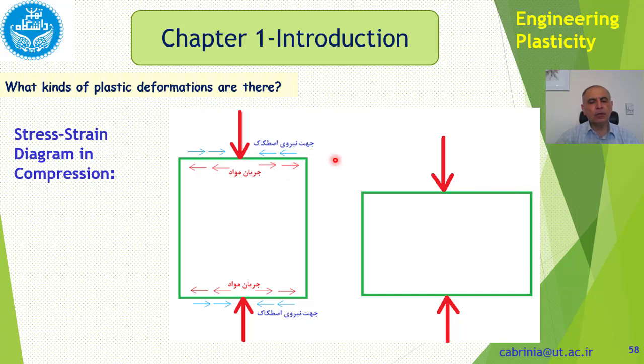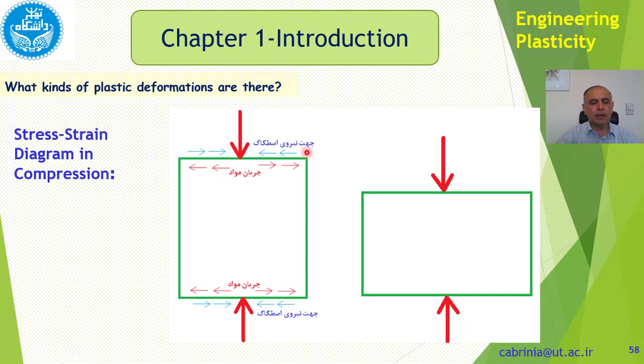So as the material wants to flow out against the surface of the press, there will be a frictional force like that, just opposite to the flow of the material. And this is what happens at the bottom and also at the top. So we can say that the material flow is hindered by the frictional forces.